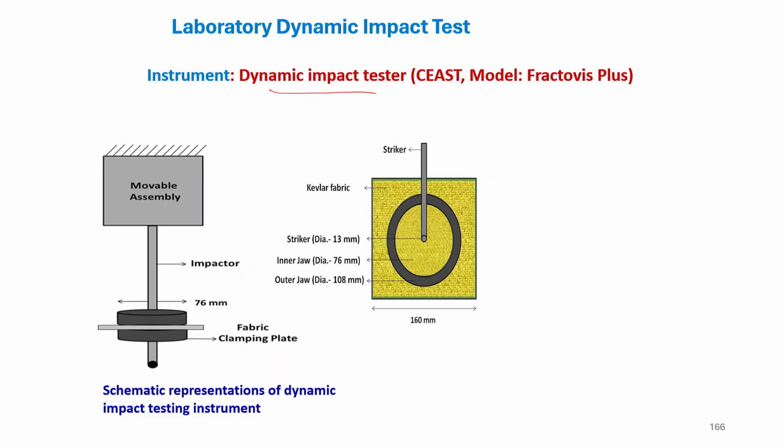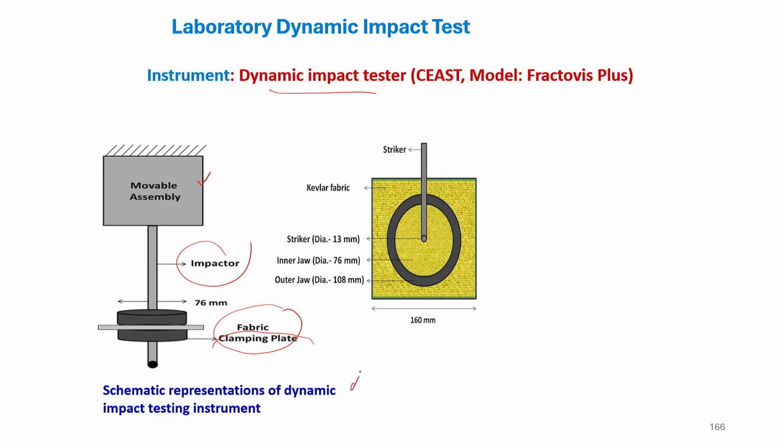This is the movable assembly where the impactor is there, which will be guided to a particular point, and here is the fabric specimen and the fabric clamping plate.